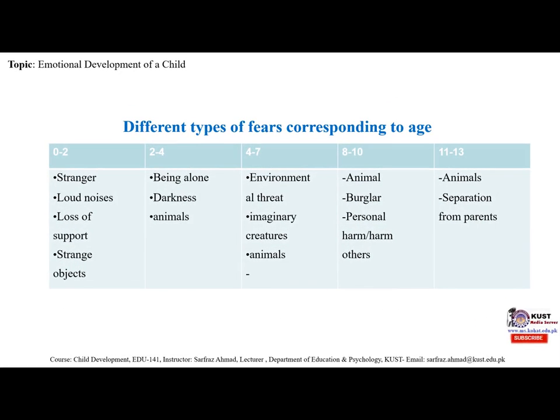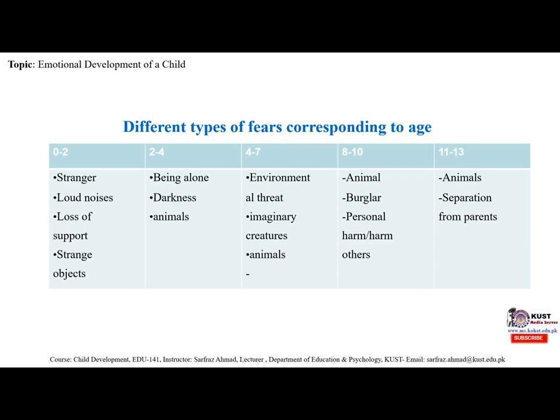So there are different types of fear corresponding to age: 0 to 2 years, 2 to 4, 4 to 7, 8 to 10, and 11 to 13. In 0 to 2 years, the fears are danger, loud noises, loss of support, and strange objects.